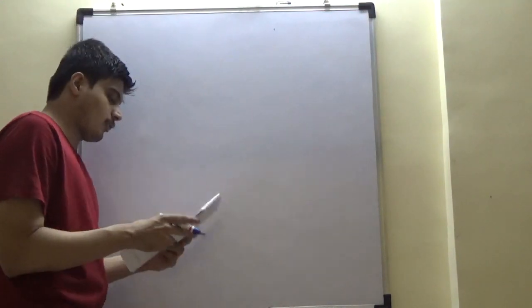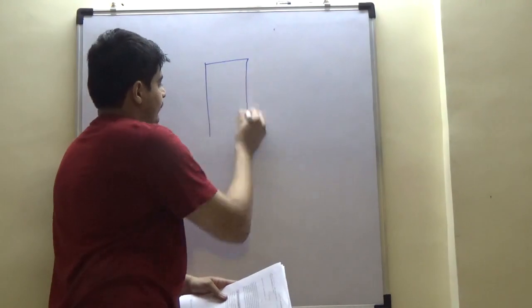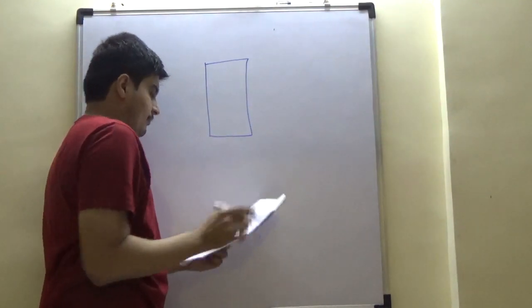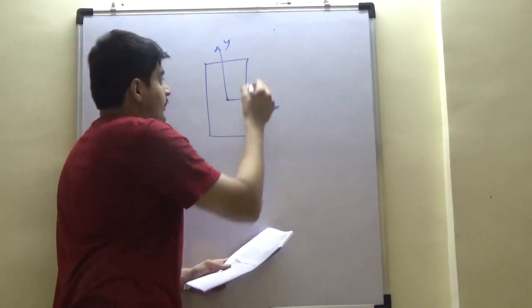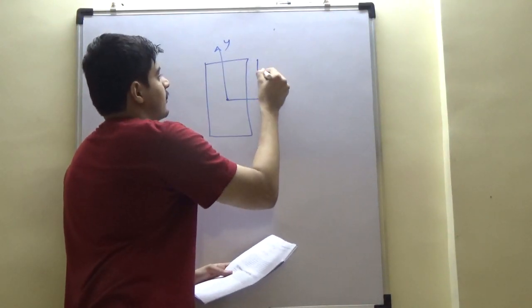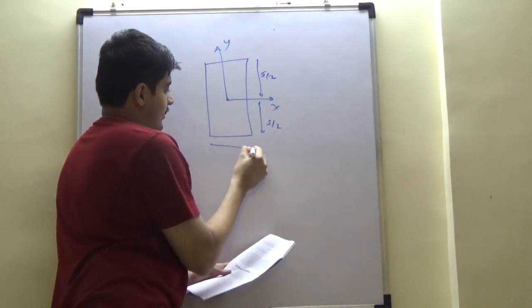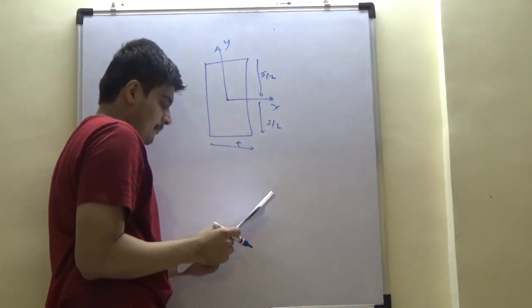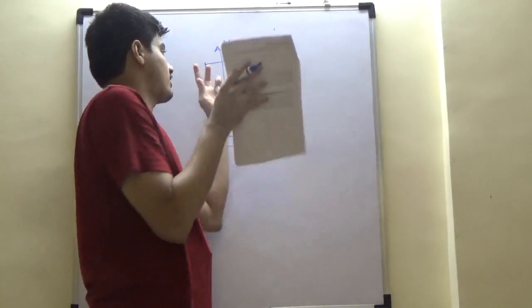The third section, therefore, as we said, is now of thin rectangular plates. They have this length, which is S by 2, S by 2, thickness is T. Now, imagine this to be a cross section.